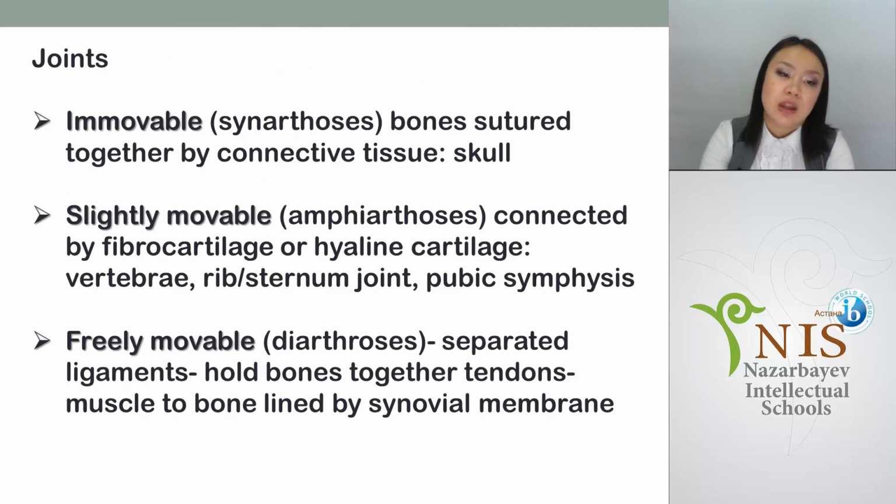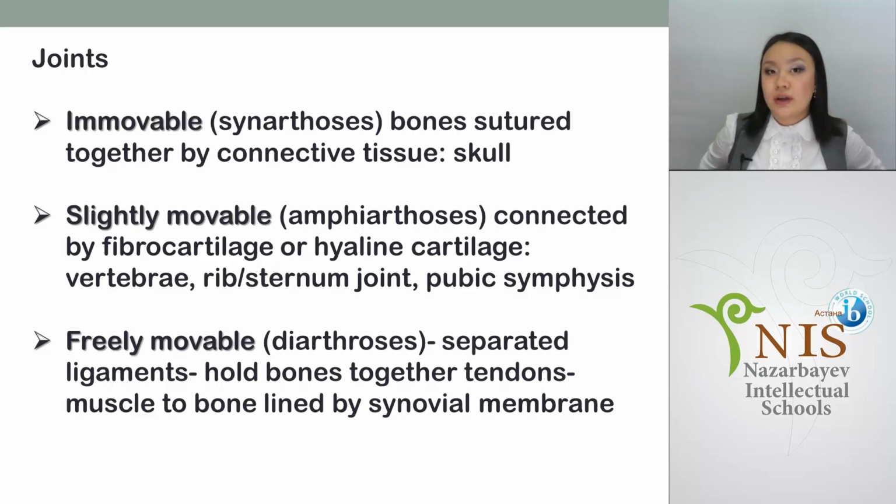Joints could be divided into different types. Immovable joints will not move or change their place; bones are sutured together by connective tissue, for example, the skull. Slightly movable joints are connected by fibrocartilage or hyaline cartilage, for example, our vertebrae and rib-sternum joints.